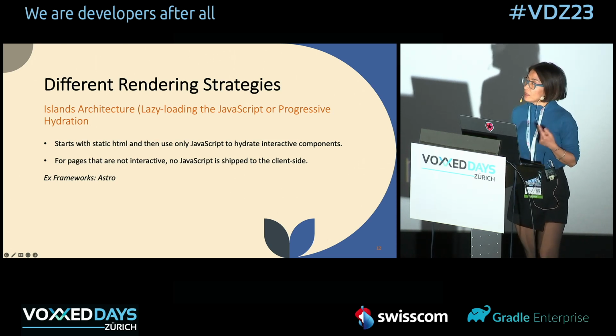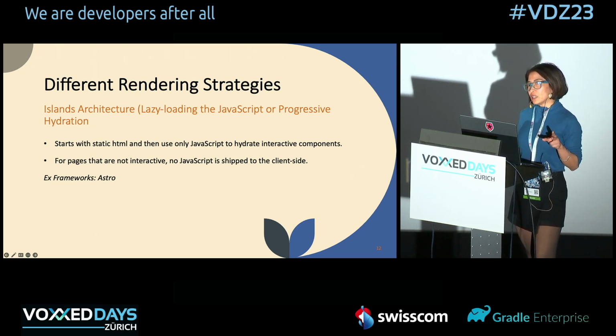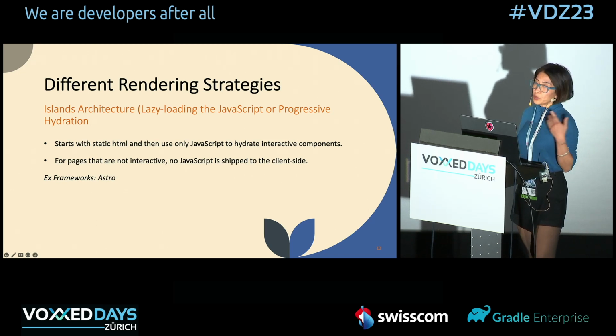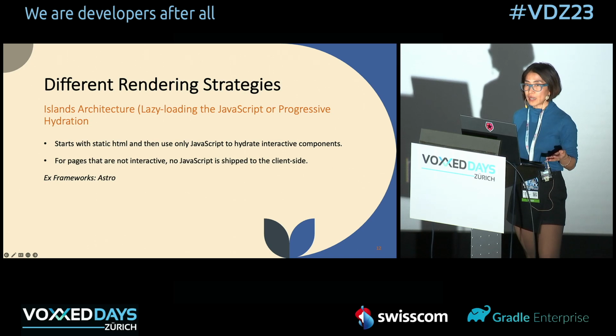Islands architecture is facilitated by a framework called Astro. With islands architecture, you start with static HTML and then use JavaScript only to hydrate interactive components. For pages that are not interactive, no JavaScript is shipped to the client side.